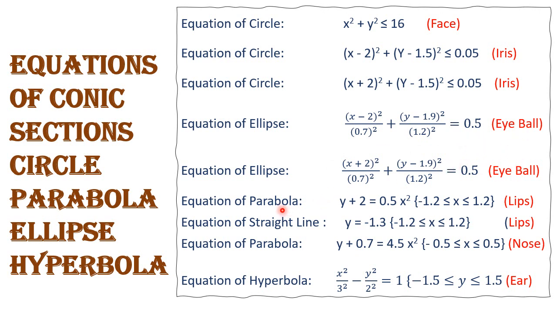Next equation is the parabola and the next to this is the equation of straight line and these two equations collectively make the lips of the smiley. And the next equation is the equation of parabola and this equation makes the nose of the smiley, and the last equation is the hyperbola and this hyperbolic equation is used to make the ear of the smiley.